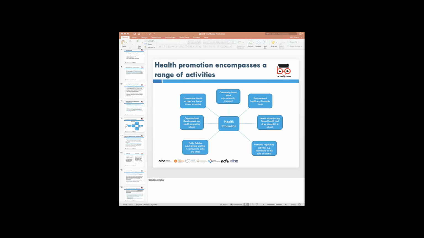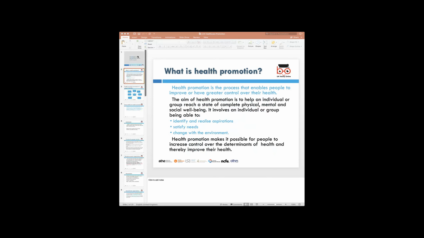That is what we will need to look at in this particular provision. So it's just a brief overview, but that is where we are heading.